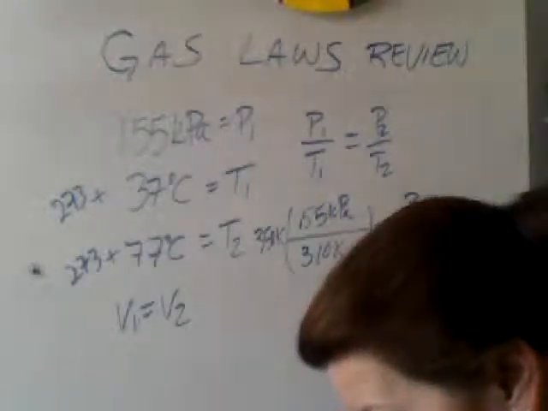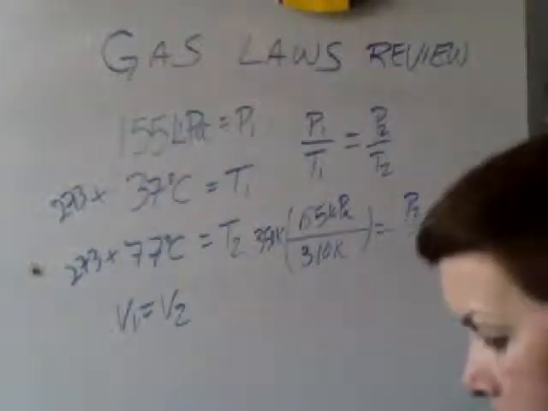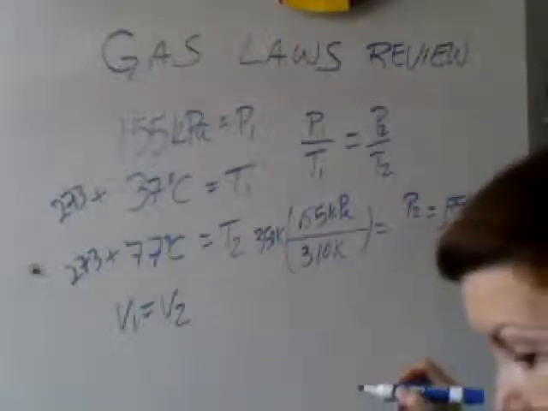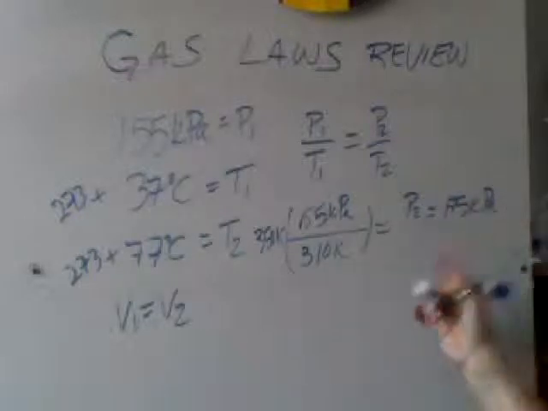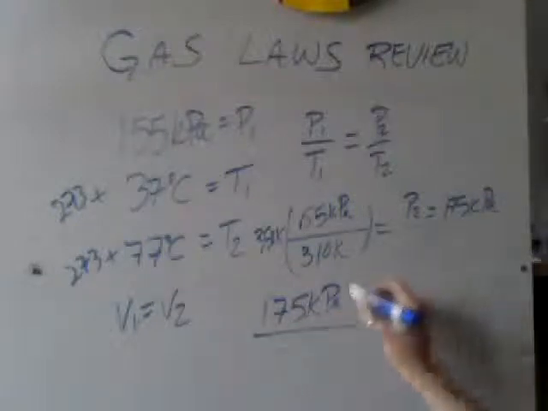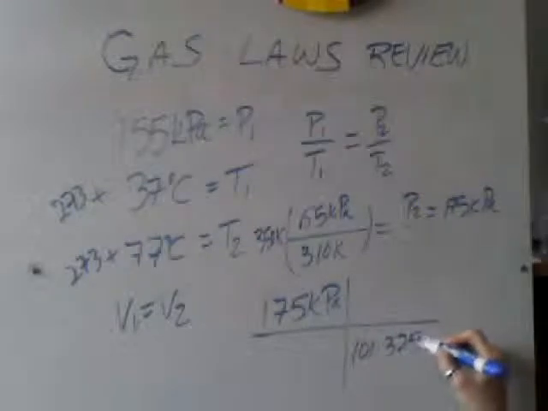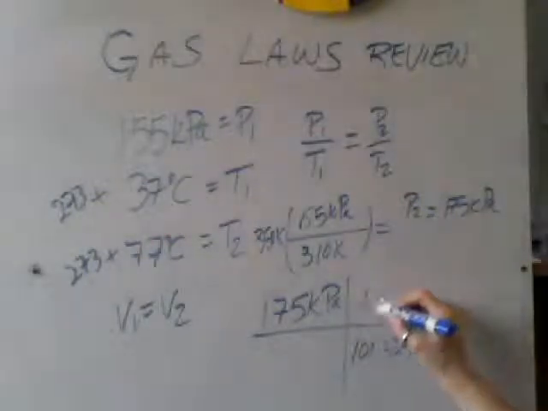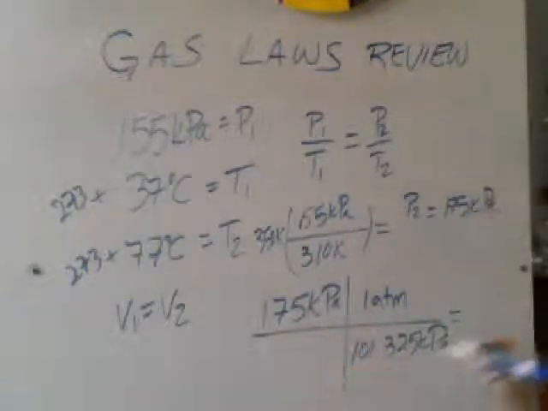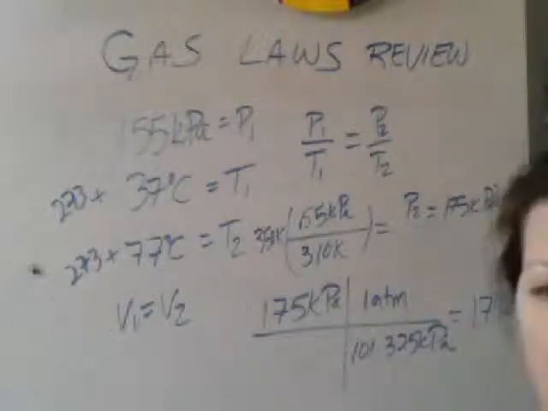And that will equal 175 kilopascals, but as I pointed out, I want the answers in atmospheres, so we'll take 175 kilopascals, and we know that there are 101.325 kilopascals in an atmosphere. And so we do the math there, and we end up with 1.73 atmospheres.